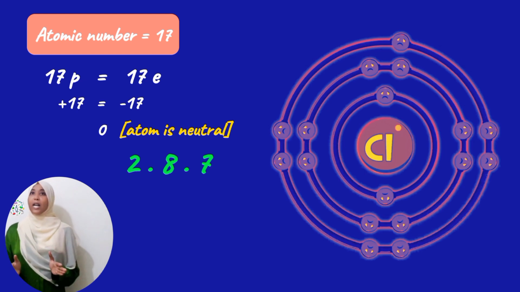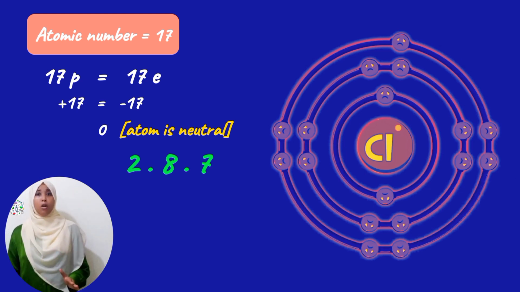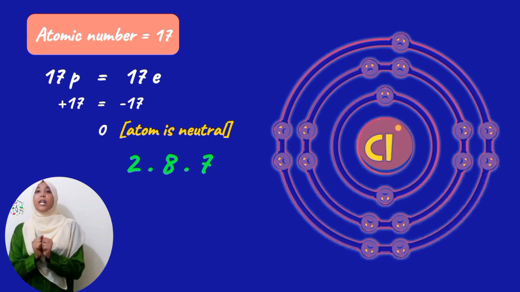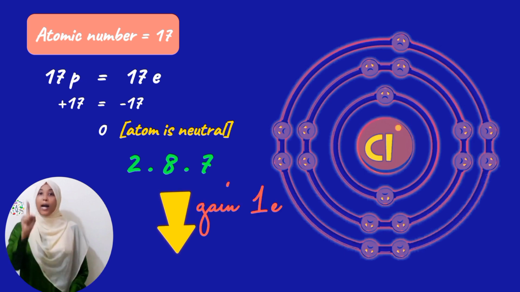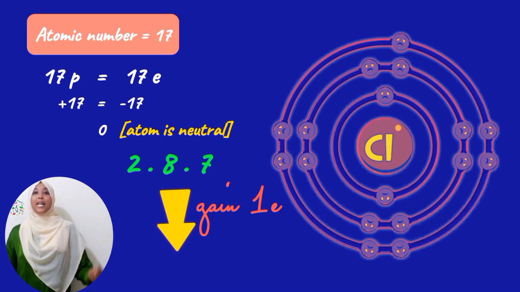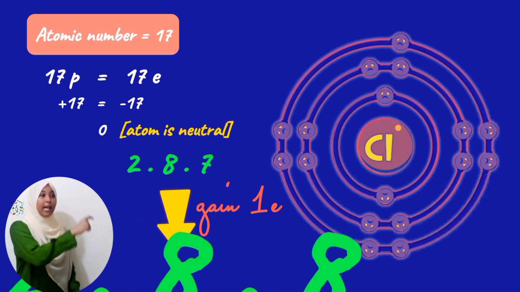So the chlorine atom is not stable because it does not have a full energy level. For chlorine to gain stability, it needs to gain 1 electron, giving it a full energy level of 2,8,8.